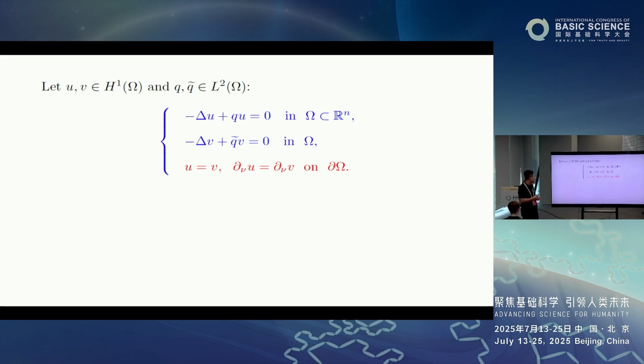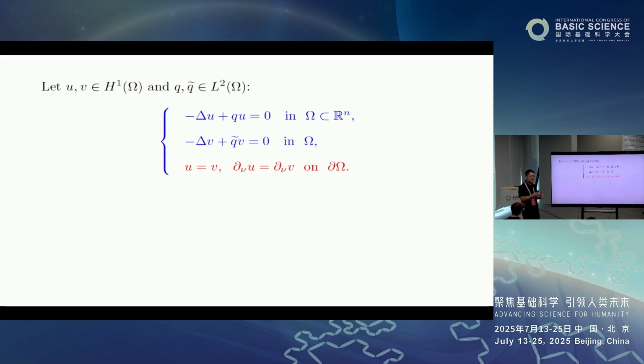On the boundary, the Cauchy data of u and v are identically the same. Obviously, from this simple formulation, u, v identically 0 is a trivial solution. So definitely, we are mainly concerned with the non-trivial solutions.